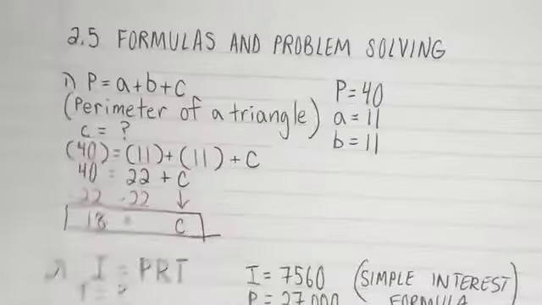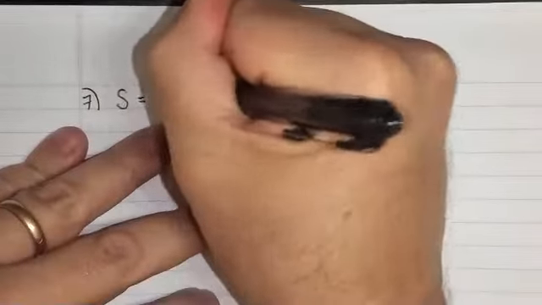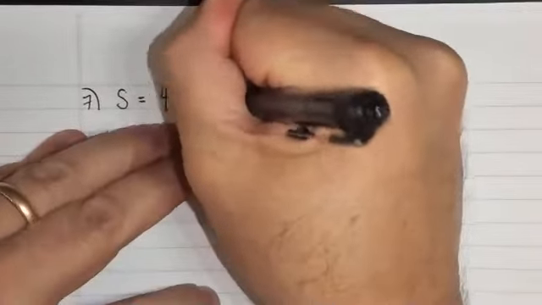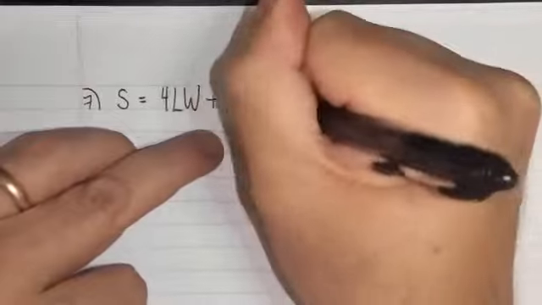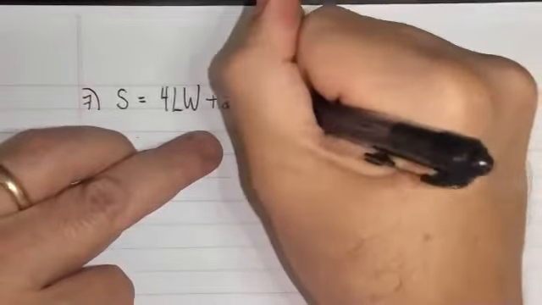And there was just one more that I wanted to go through with you guys. This formula is for the surface area of a special rectangular box, which again doesn't matter. You don't have to memorize these formulas. They're going to give you these formulas.